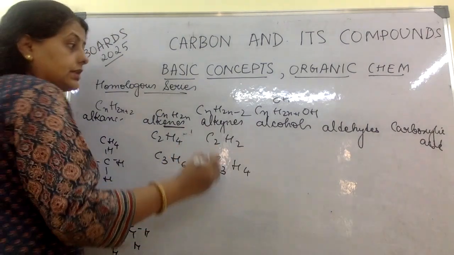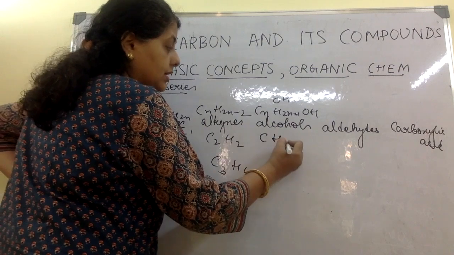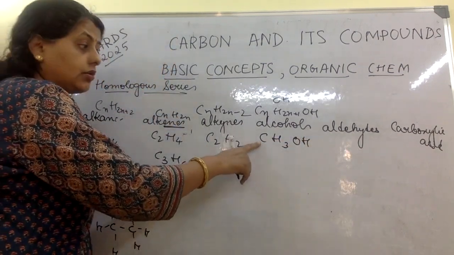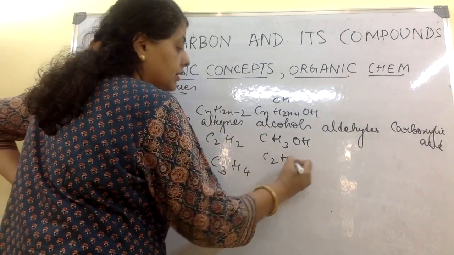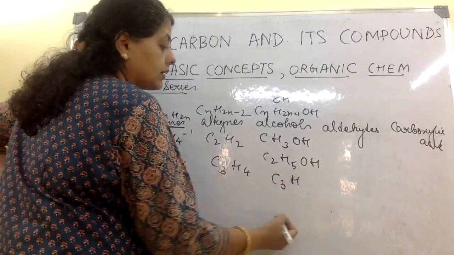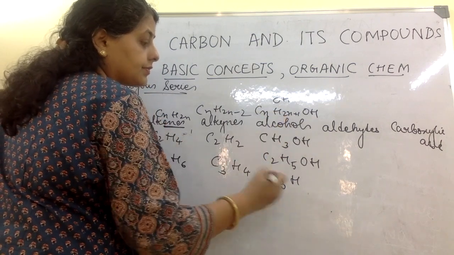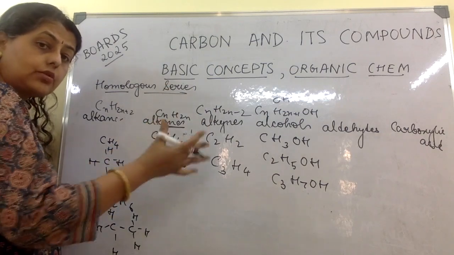If I take C1 here, then this becomes 3, OH. This is the first member of the alcohols. This is methyl alcohol. Take 2 and we get ethyl alcohol. Like this we can even take 3 here. If I take 3 here, it becomes C3H7OH. So these are the different alcohols.